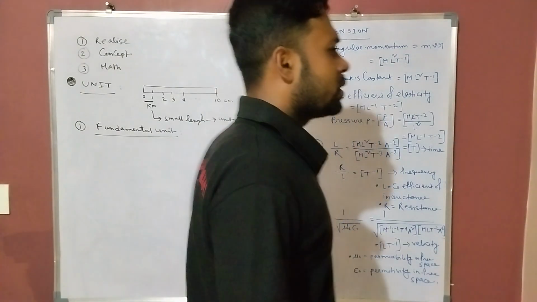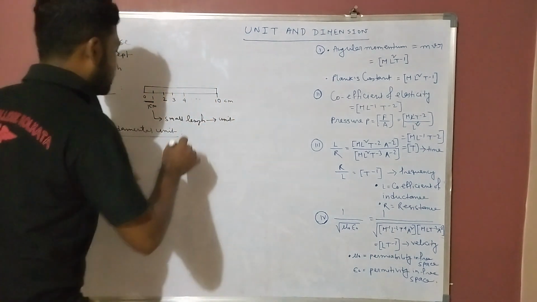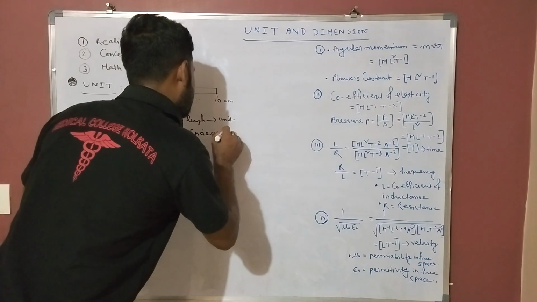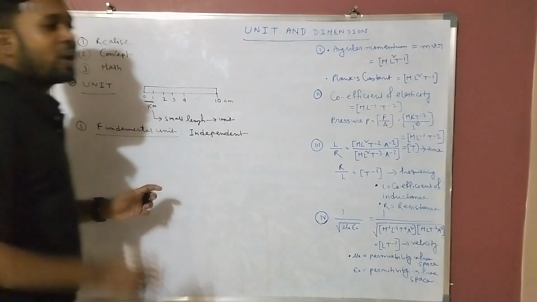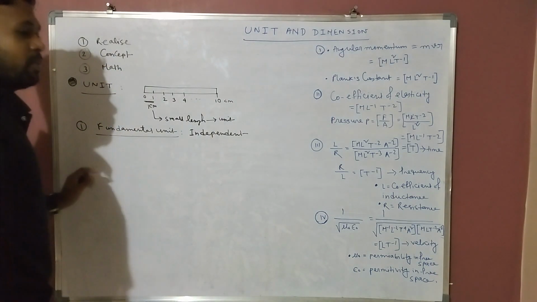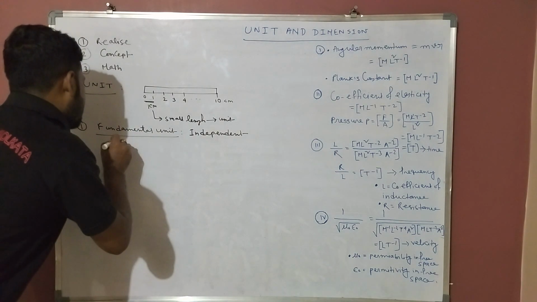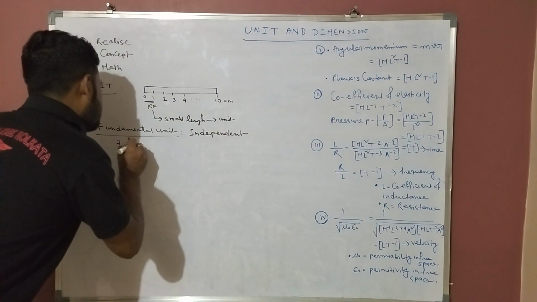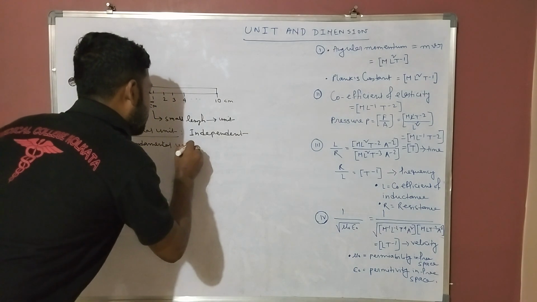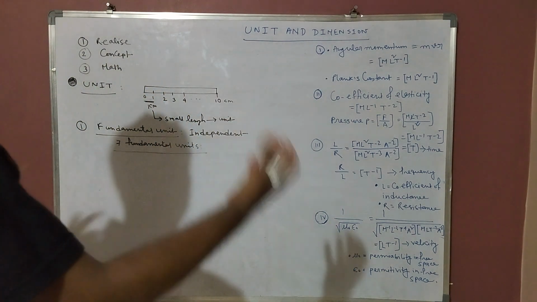Fundamental unit means it is totally independent of other units. For example, there are 7 fundamental units in the SI or MKS system, which are all independent of other units.